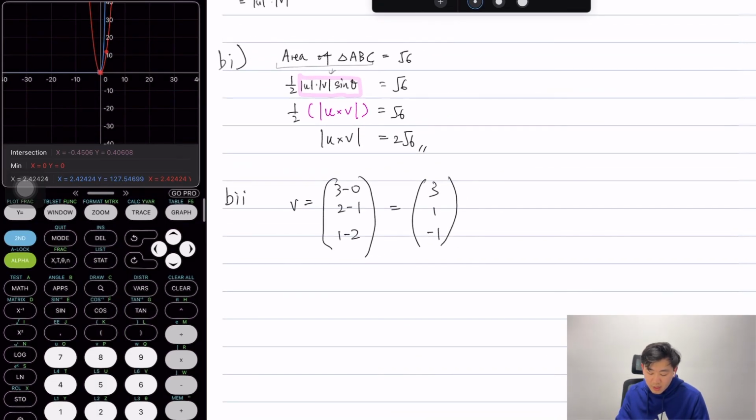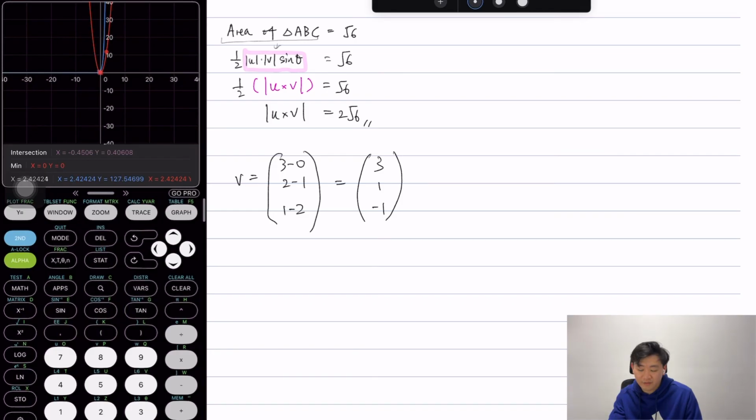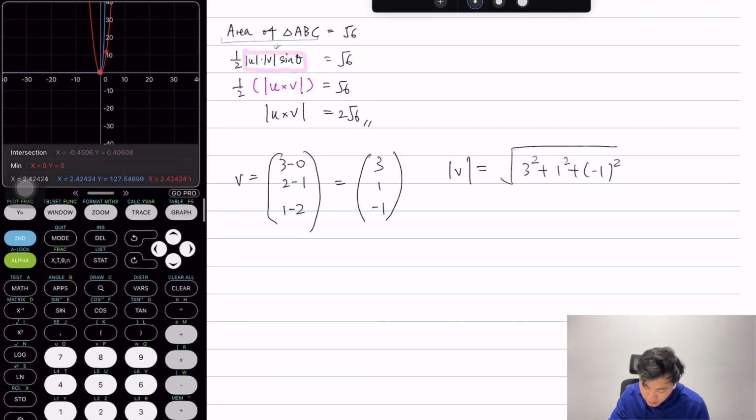Now if we want to find the length of the v vector, we use the formula: 3 squared plus 1 squared plus negative 1 squared, which is the square root of 9 plus 1 plus 1, which is root 11.